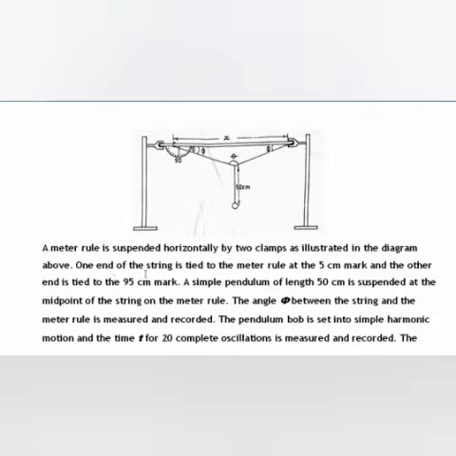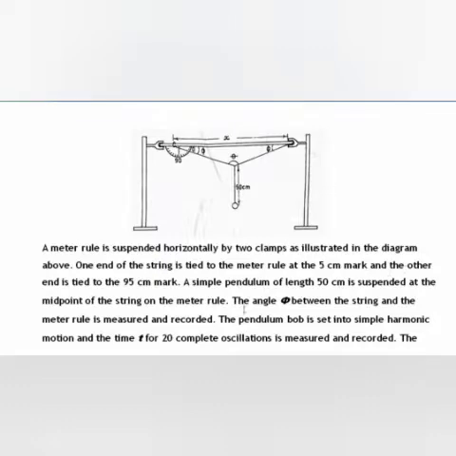A meter rule is suspended horizontally by two clamps as illustrated in the diagram above. So you can see it. One end of the string is tied to the meter rule at the 5 cm mark. So you see it there.